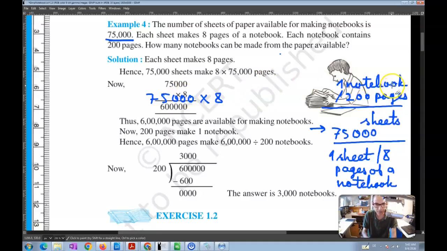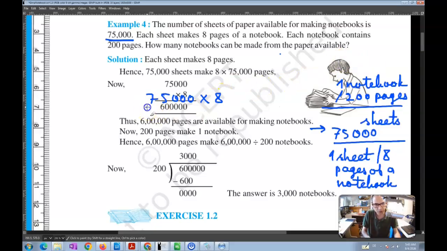And so now we have so many pages available. Now we want to know how many notebooks we can make. If one notebook contains 200 pages, then for one notebook you need 200, for 2 notebooks 400, for 3 notebooks 600, and so on and so forth.